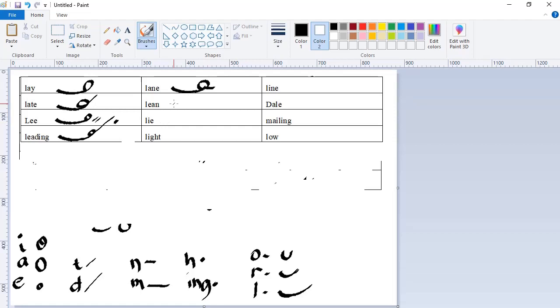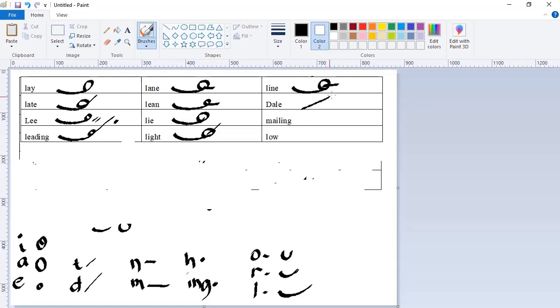Next, we have lean. L, E, N. Lean. Lie. We have L, and then your I. Lie. Light. We have L, we'll have I, and then T. Light. Next, line. We have L, we have I, and then N. Line. Dale.